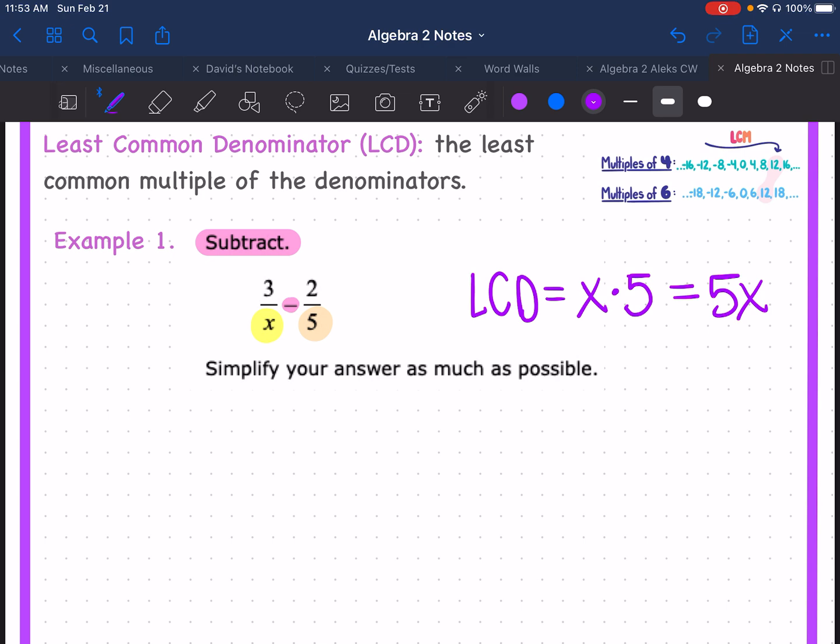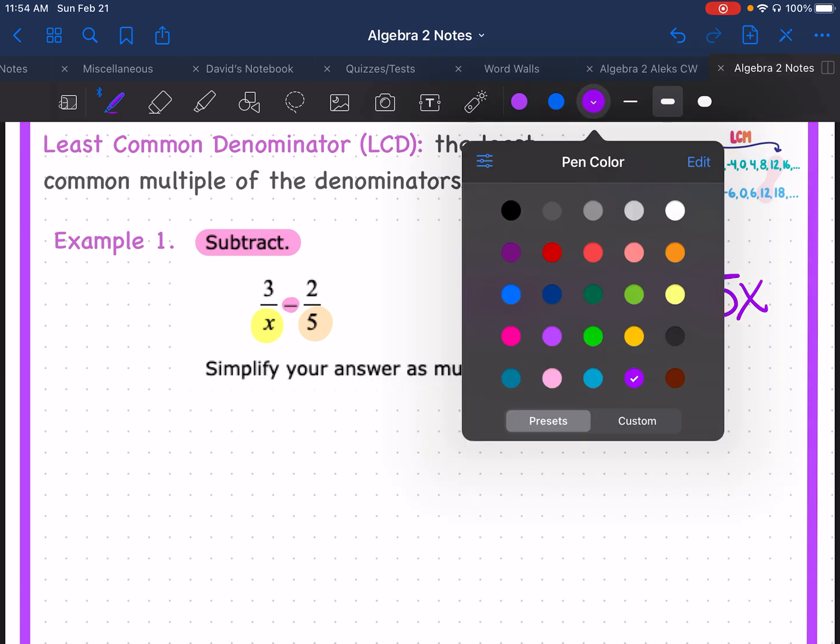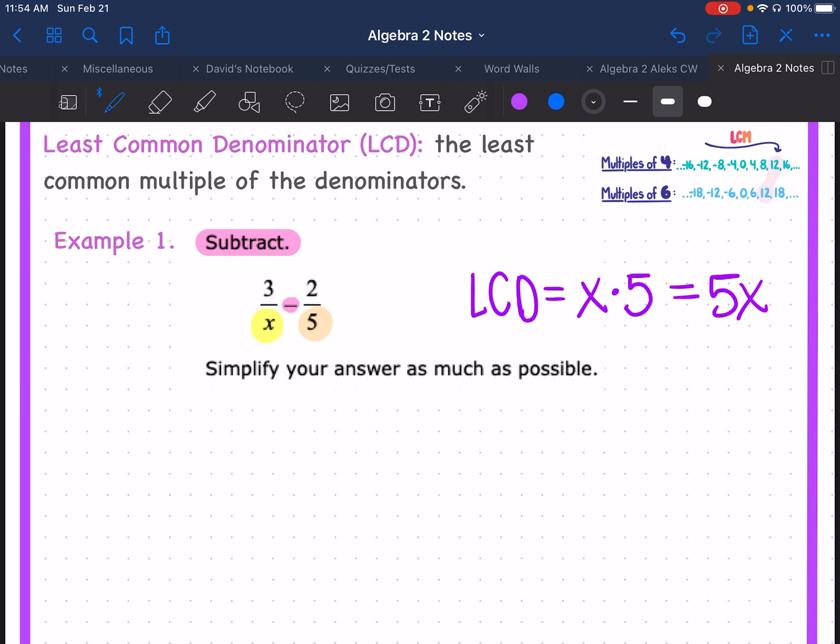So now I'm going to change my two rational expressions. I'm going to use my highlighter to help me out. Since the first rational expression has the yellow, I'm going to multiply by that peachy orange color.